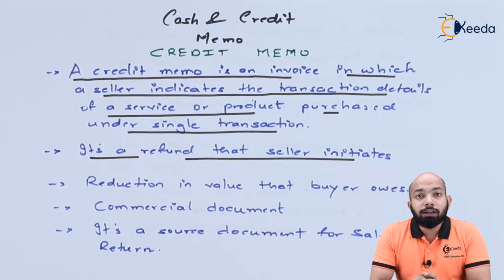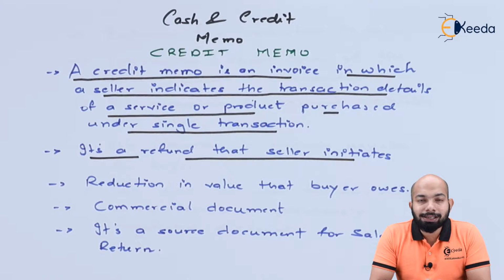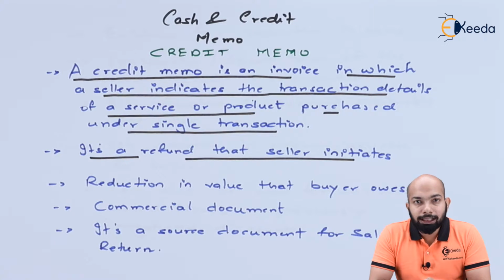In no circumstances will a buyer give you a credit note, because a credit note is usually provided by the seller, or deemed to be provided by the seller, to the buyer for all the defective items that he has brought to the notice of the seller. So when we talk about a credit note, we ideally talk about the refund that has been initiated by the seller to the buyer.